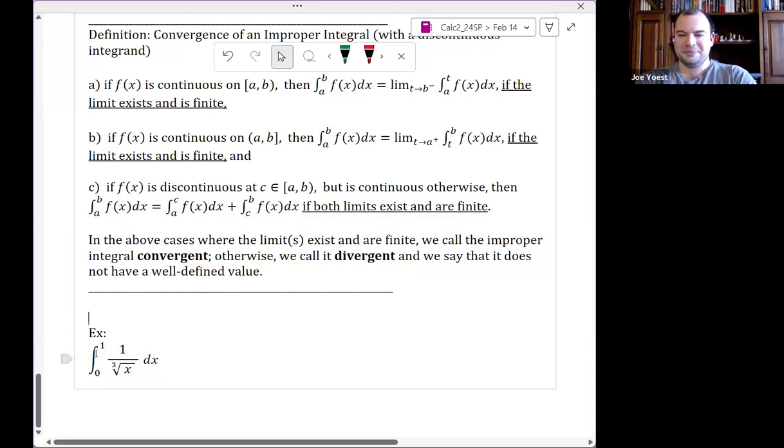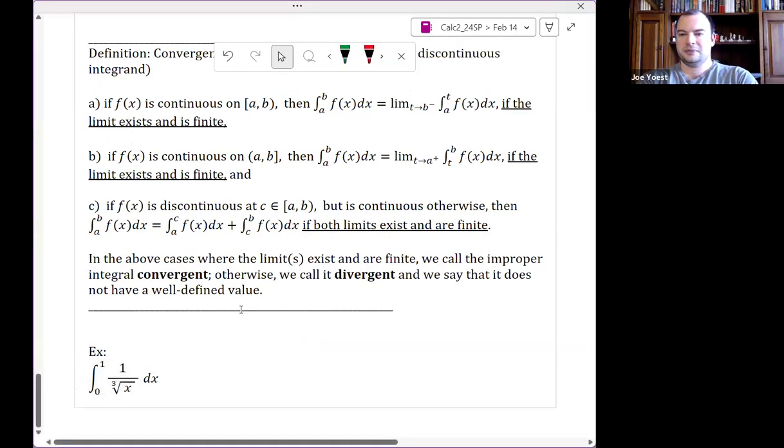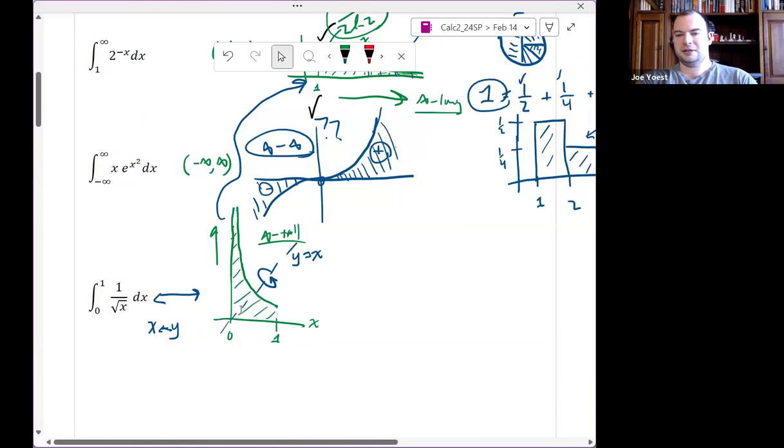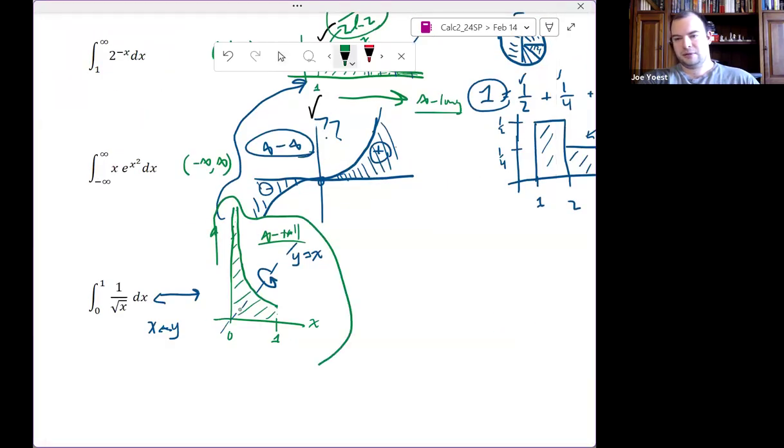But we're looking at integrals like this, where we don't have an infinite interval of integration, but where, in this case, near zero, near this one bound of integration, our integrand blows up. So we have an infinitely tall area. We have a case that looks like this one here, qualitatively similar to the cases we've been working with. It's just that the infinite leg goes up instead of sideways.